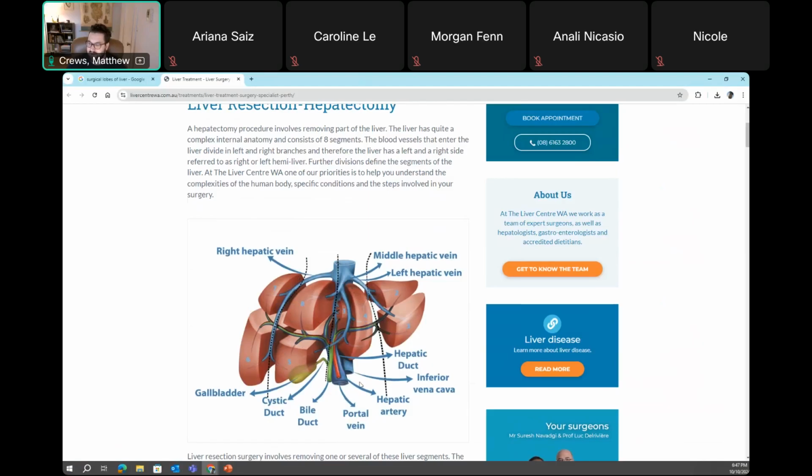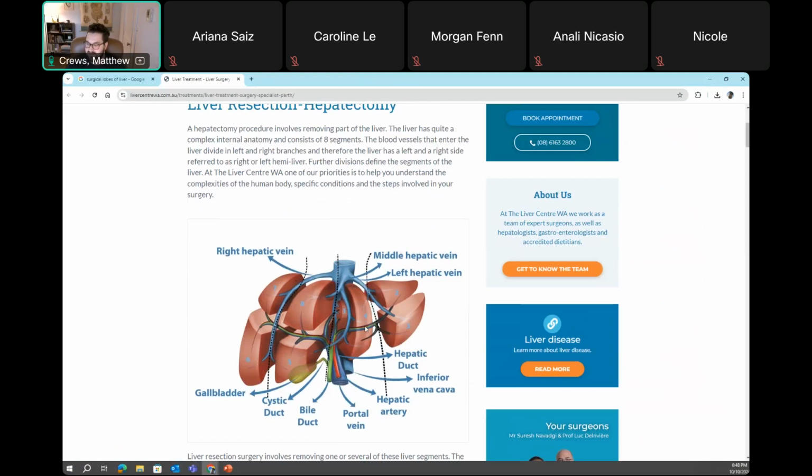So your portal vein goes in, it brings the blood in, it gets filtered by the liver, and then it drains into the hepatic vein, which drains into the IVC. So that's kind of the flow of all of that.